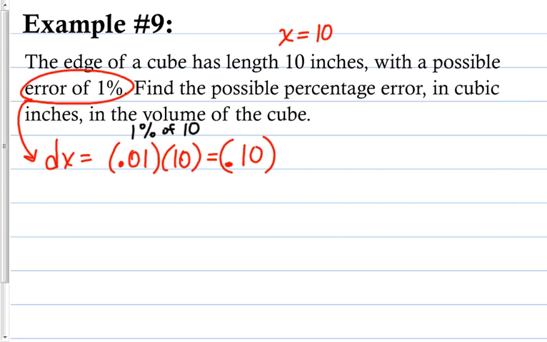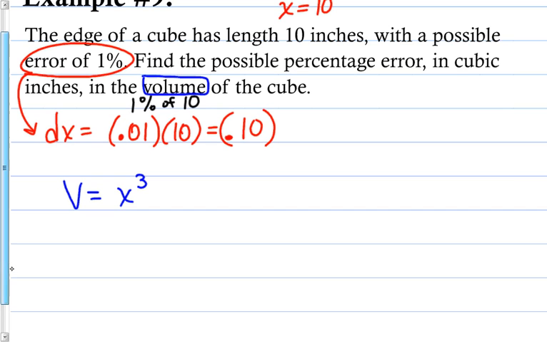Find the possible percentage error in the volume of the cube. All right, so volume. A cube is basically all the lengths, widths, and heights being the same. I decided to call the sides x. So the volume is x cubed, and that is my function I'm going to differentiate.